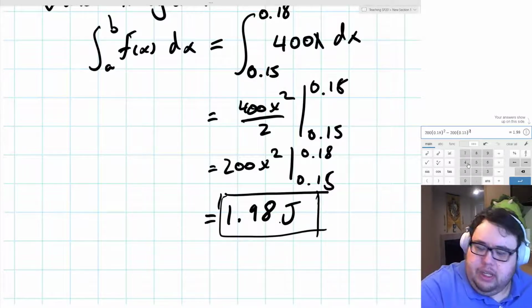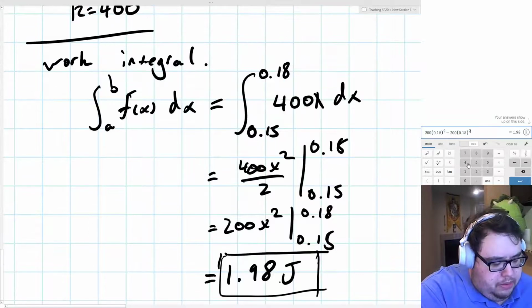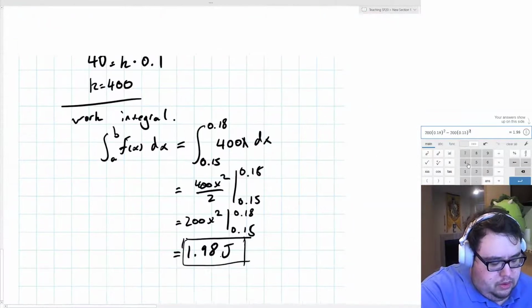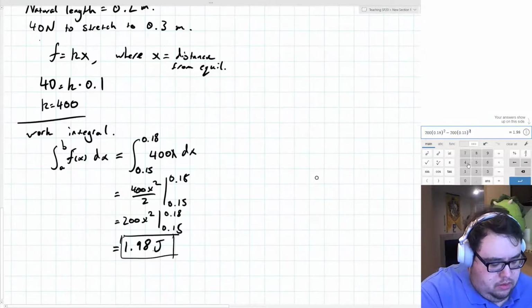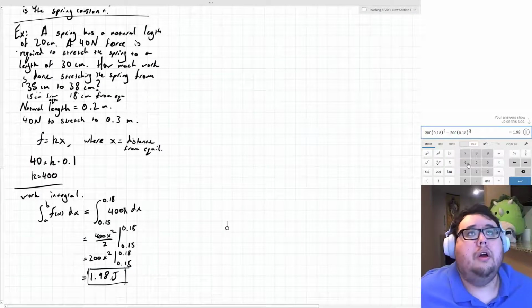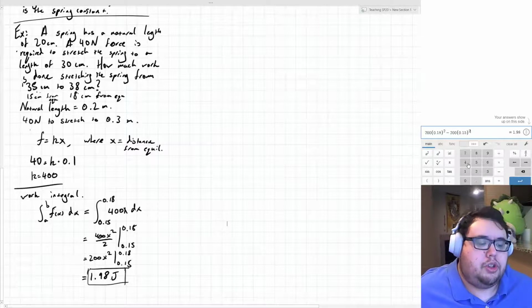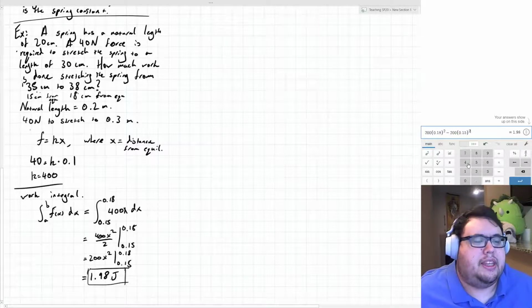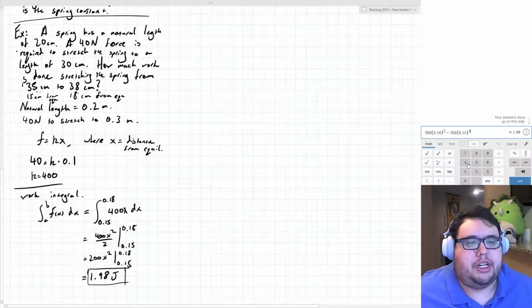Does anybody have any questions about this spring problem here? So the idea essentially is we're given a spring, we're given its equilibrium length, and then we're given some example of stretching it, right?